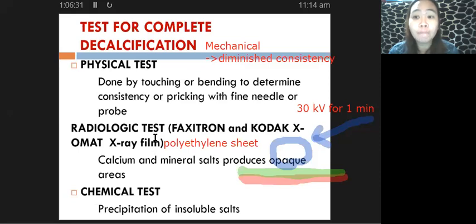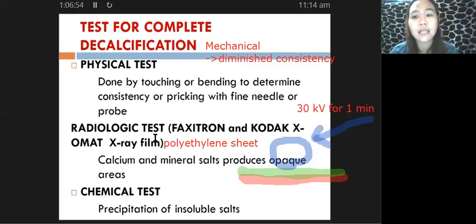Because remember, mercury chloride is a fixative recommended for tissue photography, and mercury chloride-based fixatives will produce opaque areas. They will produce radio opacity.